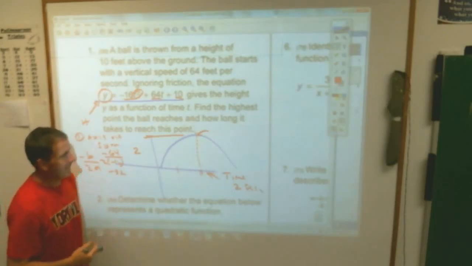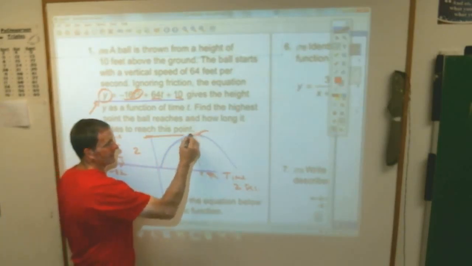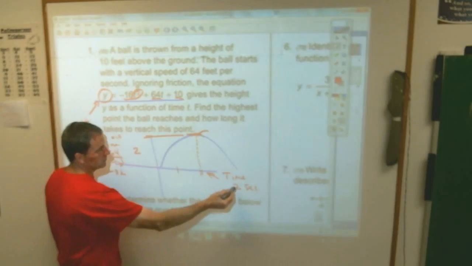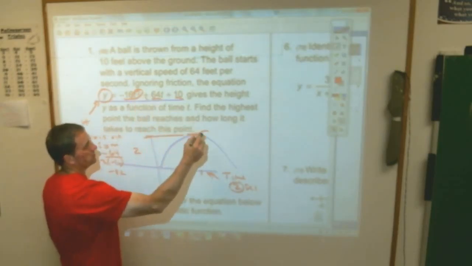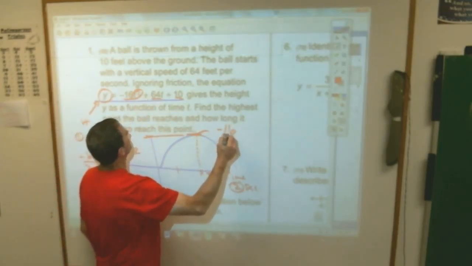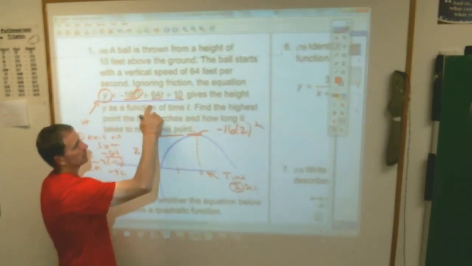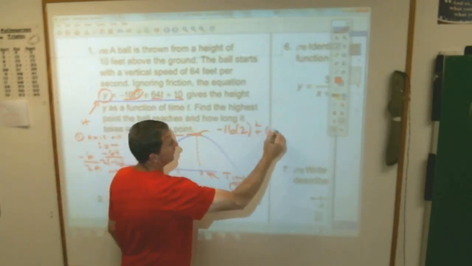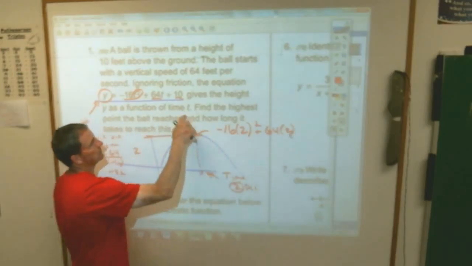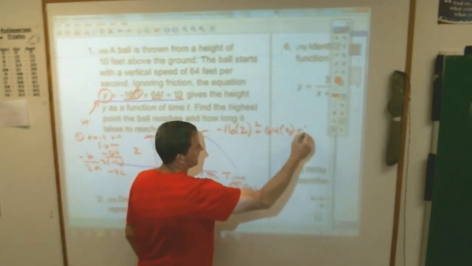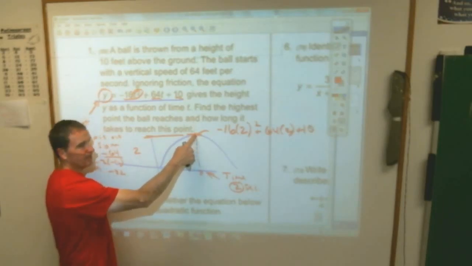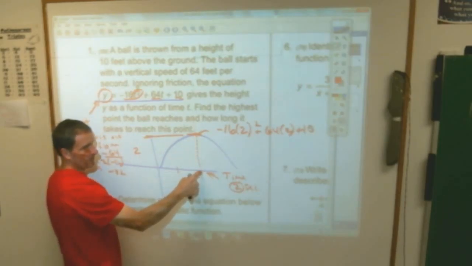And then you need to find what that height is, and you do that by putting 2 into that equation. Negative 16 times 2 squared, plus 64 times 2, plus 10 will give you the y value that goes along with this x value.